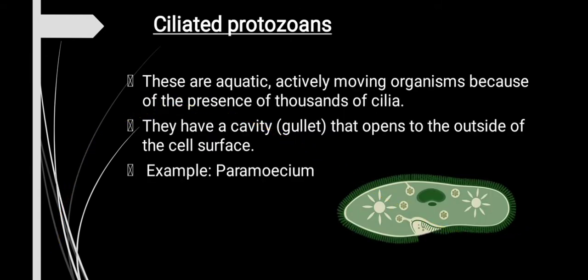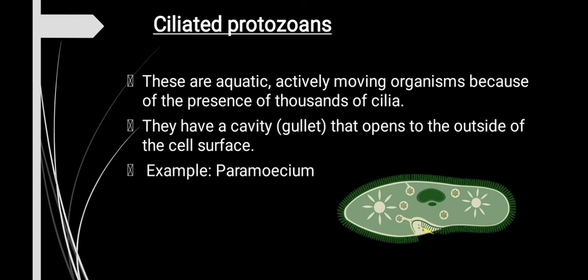The third type is ciliated protozoans. What does the name indicate? Ciliated, cilia. They have cilia. These protozoans are aquatic. They are actively moving organisms because of the presence of thousands of cilia. We can see a picture of Paramecium, and around it there are a large number of cilia. They have a cavity called the gullet.